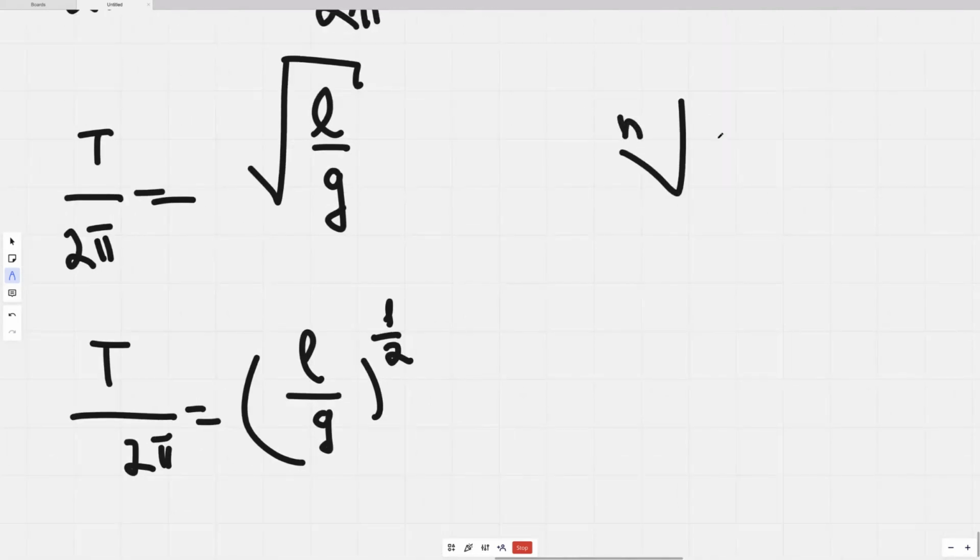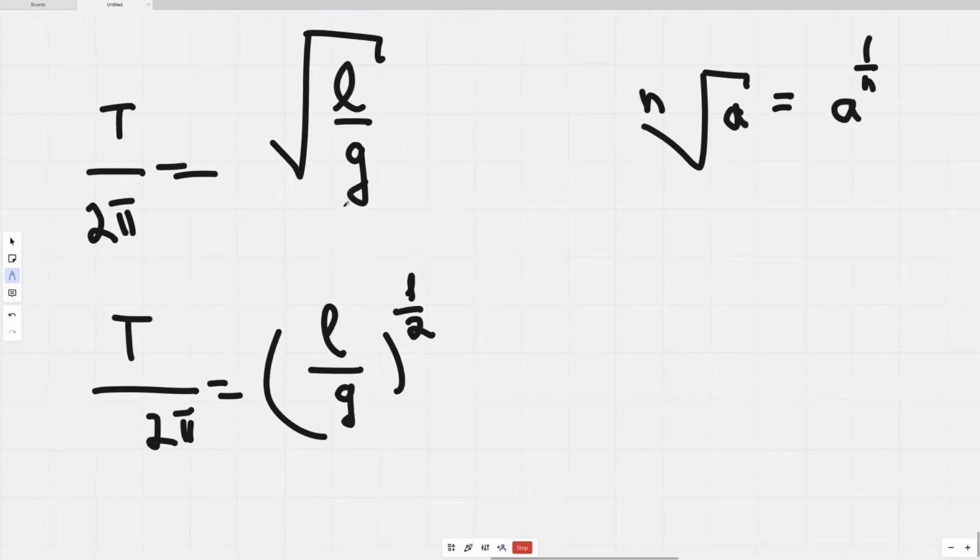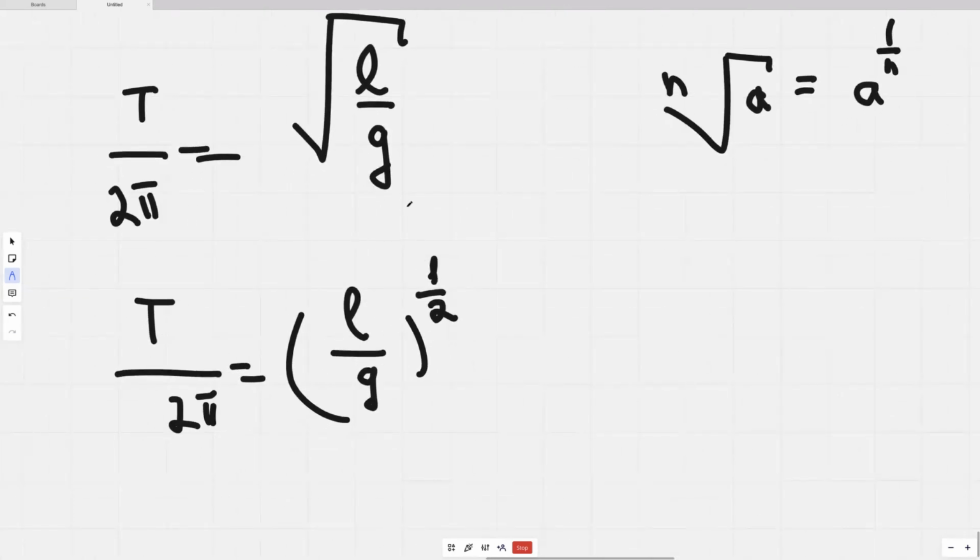The nth root of A means A to the power of 1 over n. This is the formula for this. So L over G in the square root means L over G to the power of 1 over 2.